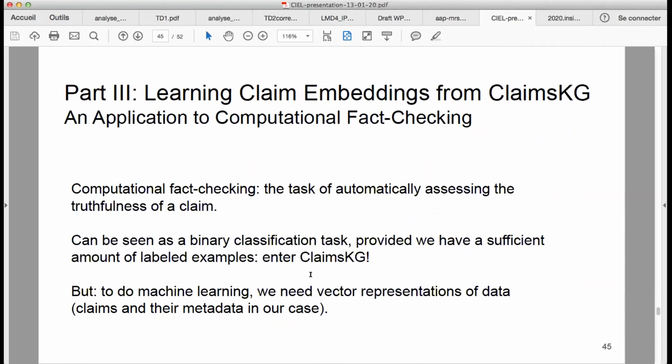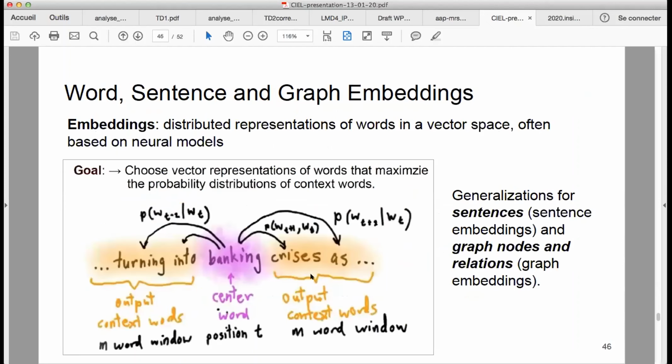And just very briefly, I will finish my talk by presenting a couple of our initial work on learning embeddings from the knowledge graph.